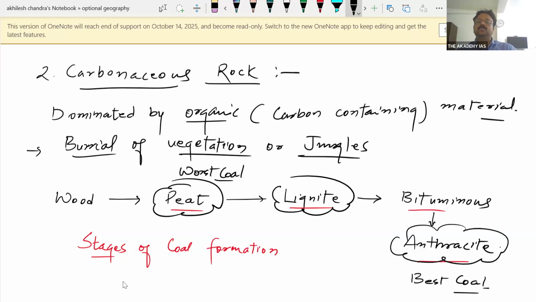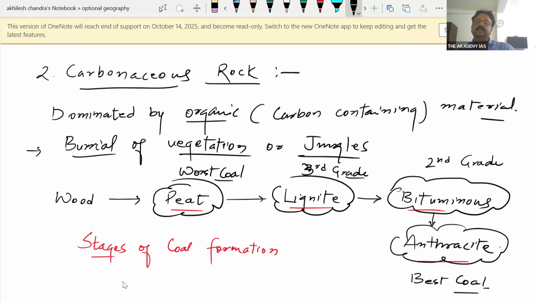Lignite is third grade coal. And bituminous is a medium kind of coal, second grade coal, while anthracite is the best. So when the burial of vegetation takes place, it gets lithified, and further it undergoes petrifaction, that is fossilization.